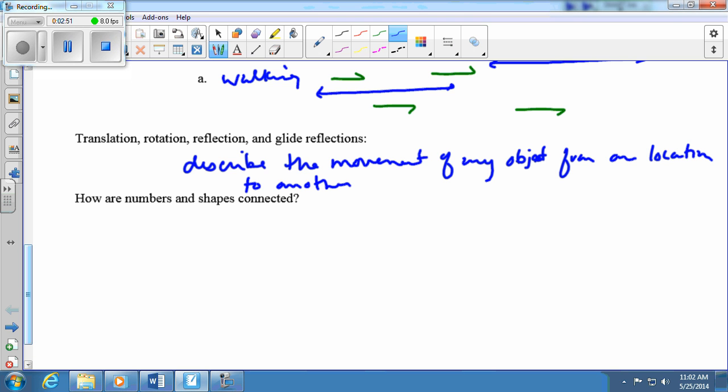So if I have a figure in one spot and now it's located in a new spot, I can use these translation, rotation, reflection, and glide reflection to describe how I got there.